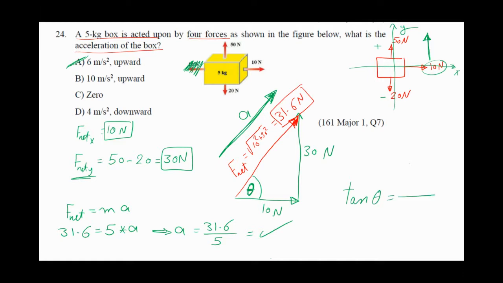Tan theta equals the y force divided by the x force, the 30 divided by the 10. So that's 3. Shift tan, you get theta around 71 point something, 0.2 or 0.3 degrees. Okay? That's if we have x and y directions for the forces.